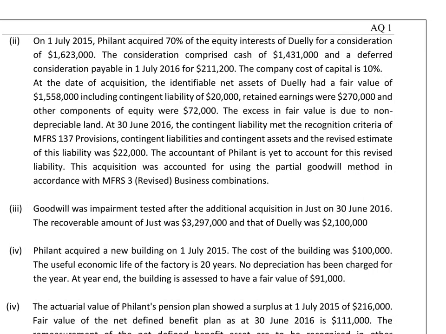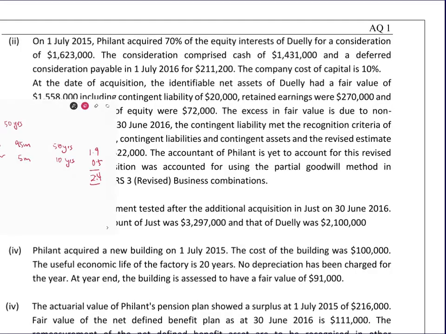Question 3 we quickly go through because a lot of things are repeated. Goodwill impairment, I'll show you. There's one question here on deferred consideration. Remember the deferred consideration. Okay.